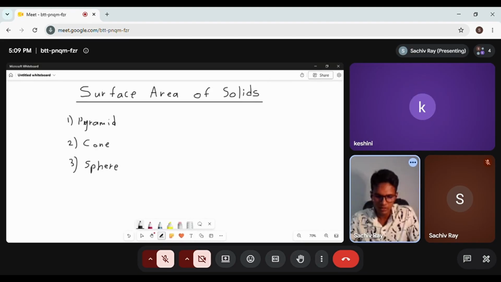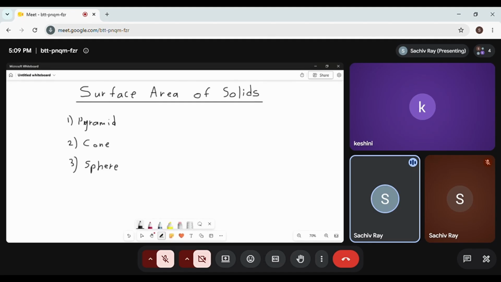You can see it on page number 56. We'll go into it later. And the sphere is a ball. That might be the most complex one here, but it's also very easy.